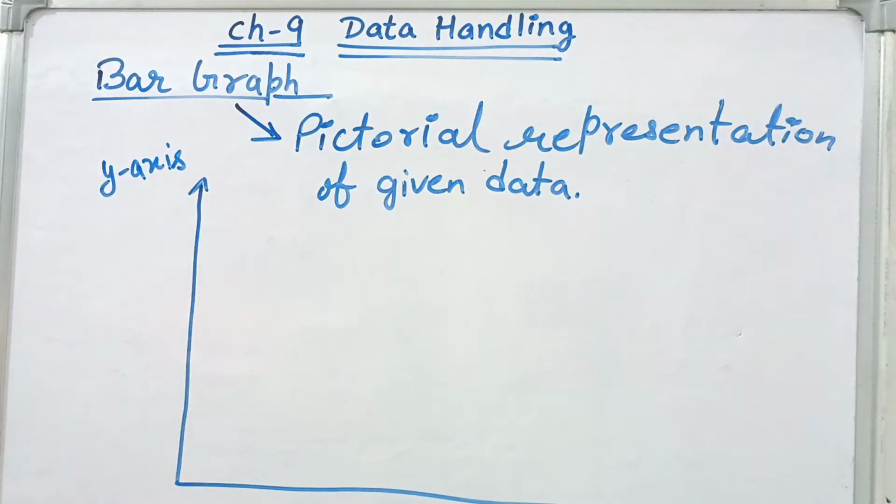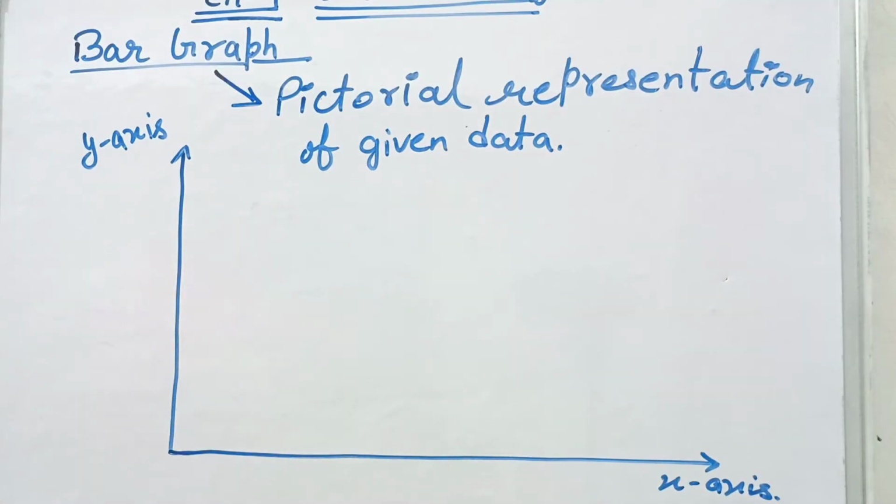Now these are two axes which help us to plot a graph, and their intersection is known as origin. Intersection of both the axes is known as origin, and we always mark it with number 0. So this is the basic of any graph we are going to plot on a graph paper.